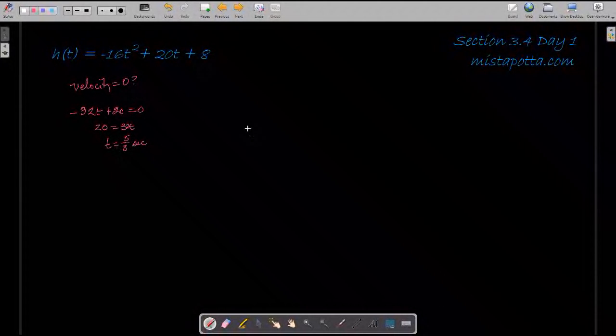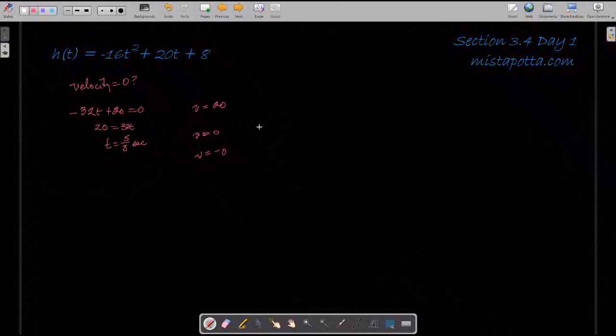And remember that what's happening is my velocity starts off positive. My velocity started off at 20. And then my velocity eventually became 0. And then my velocity eventually became negative.